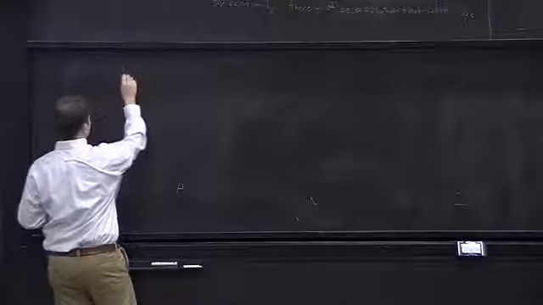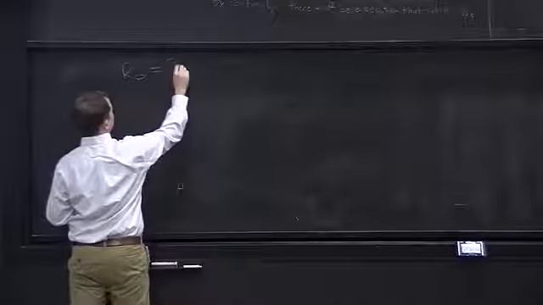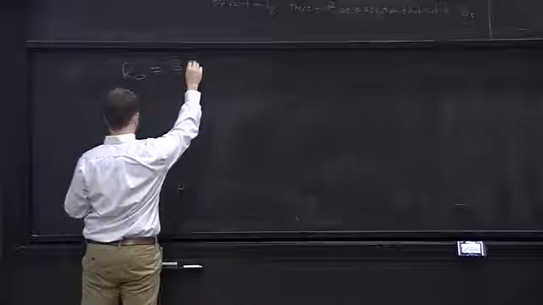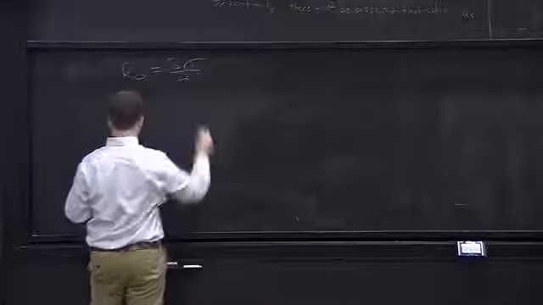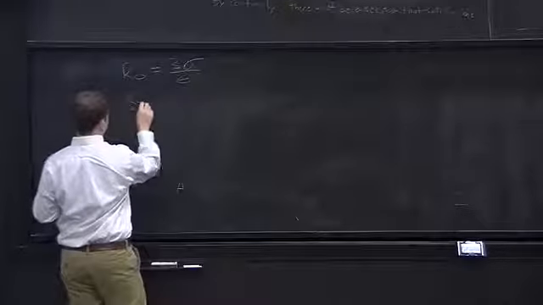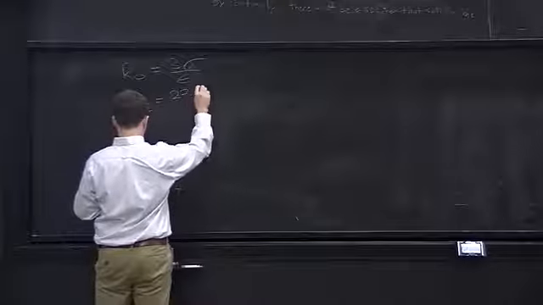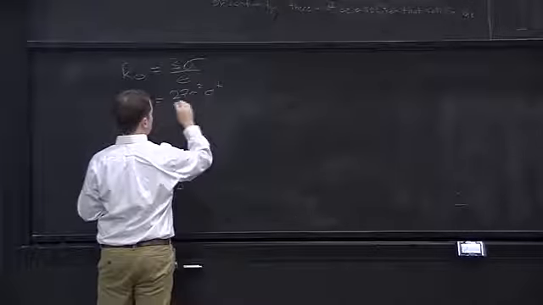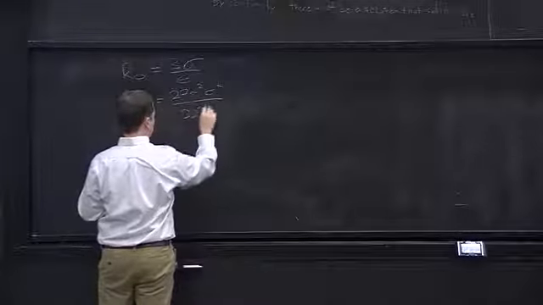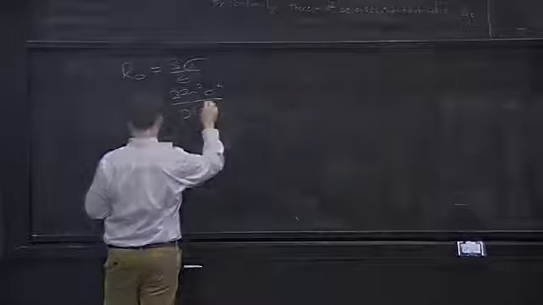Which we can solve easily for R naught. This gives us R naught is 3 sigma over epsilon, and the Euclidean action is 27 pi squared sigma to the fourth over 2 epsilon cubed.